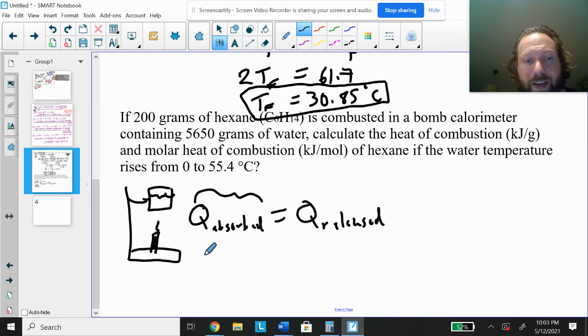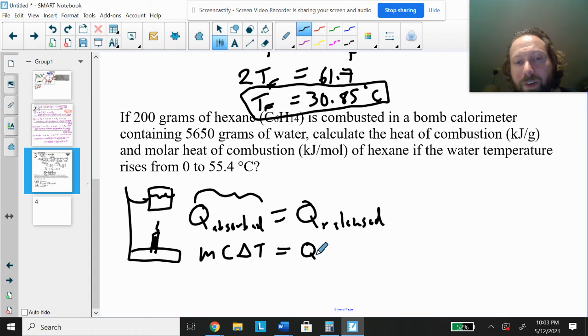Q is equal to mc delta T, which is equal to the amount of heat released, and we're going to plug this in. The mass is 5,650 grams.